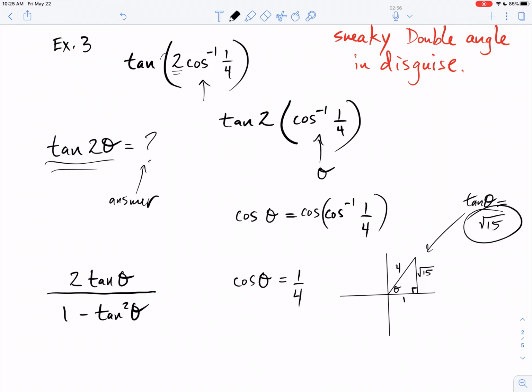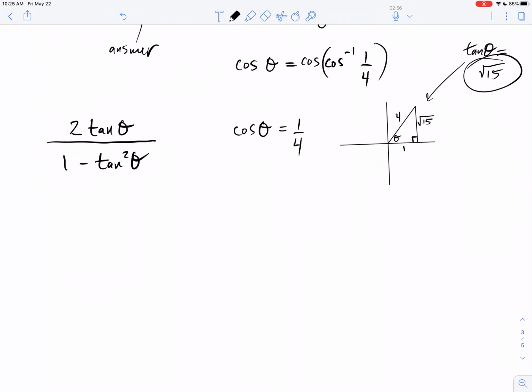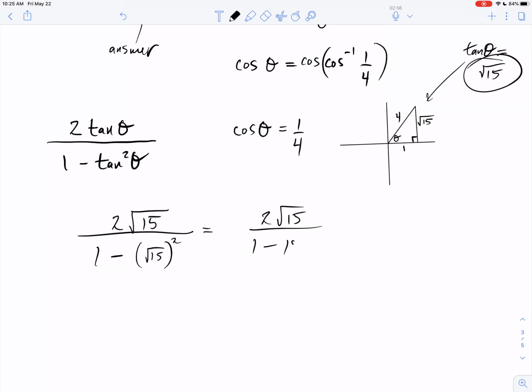I'm going to now plug that in to my formula. I'm going to say 2 times, not tangent, but times rad 15 over 1 minus tangent squared theta, but rad 15 squared. What do I have? 2 rad 15 over 1 minus, well, rad 15 squared is just 15.